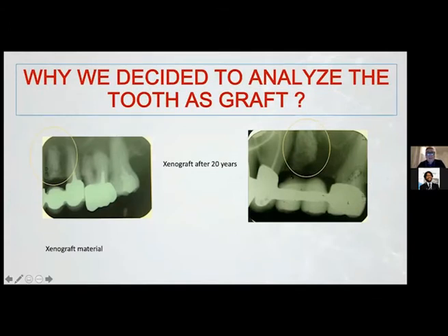This is my image from my X-ray. This is a socket preservation made 20 years ago, and in the X-ray it's possible to find something strange, because this socket preservation has a white spot where you can find the granules after 20 years.